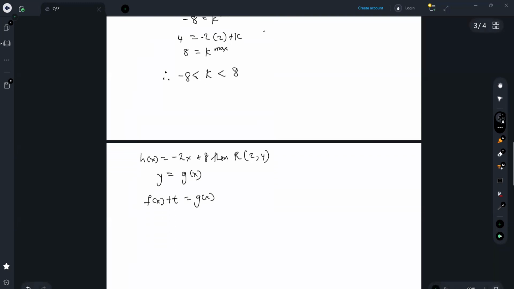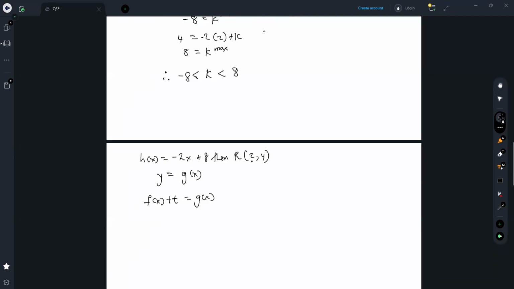And now these two functions are going to be equal. But already we have a point where they're going to meet. We have point R. So it means that they're going to meet when the x value is 2, or when the y value is 4.